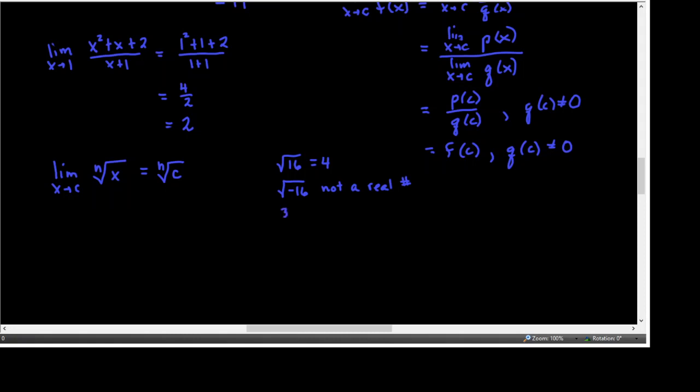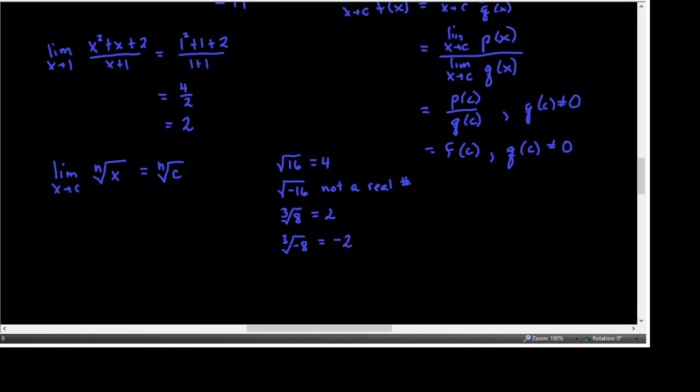So what's the cube root of positive 8? Is that okay? Yeah, it's 2. And what's the cube root of negative 8? Does such a thing exist? Is that a real number? Is there a real number that multiplied by itself and then multiplied by itself again you get negative 8? Yeah, that's negative 2.